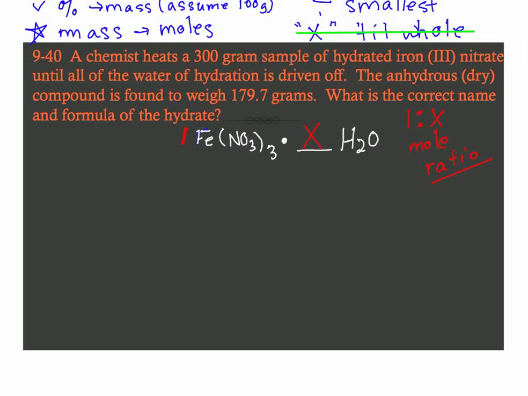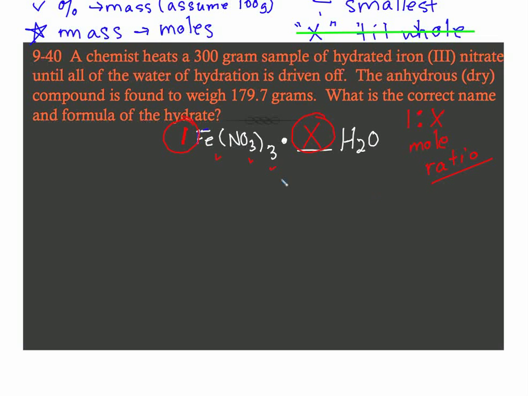We're focusing primarily on mole ratios. So instead of finding subscripts, we're finding this mole ratio. But it's the same thing. You got to get mass to moles to get a mole ratio, and you have to divide by the smallest to get the ratio.